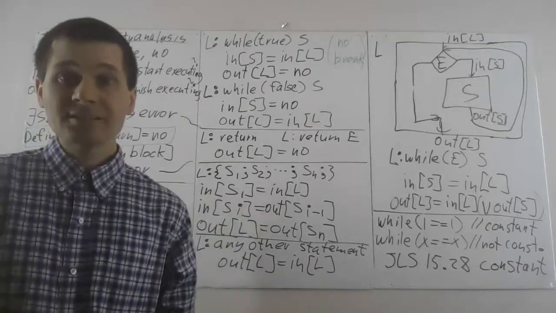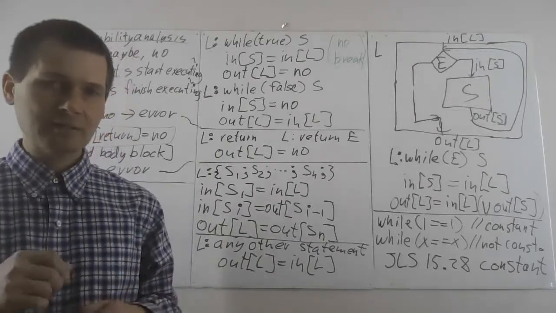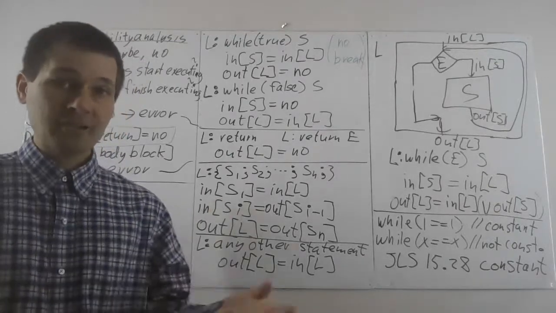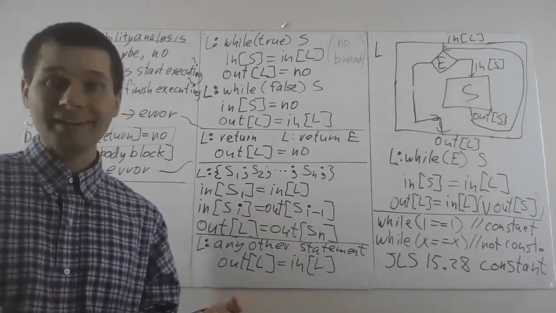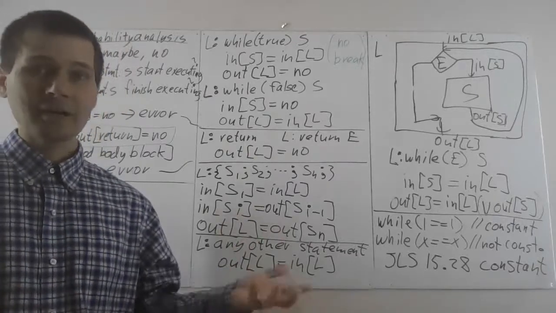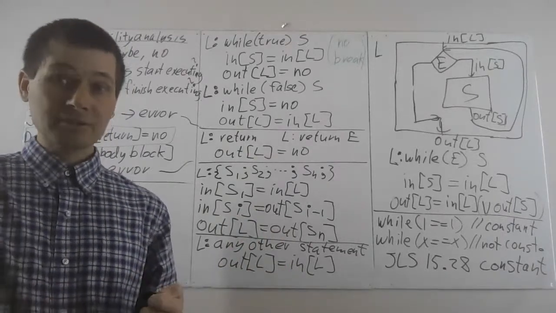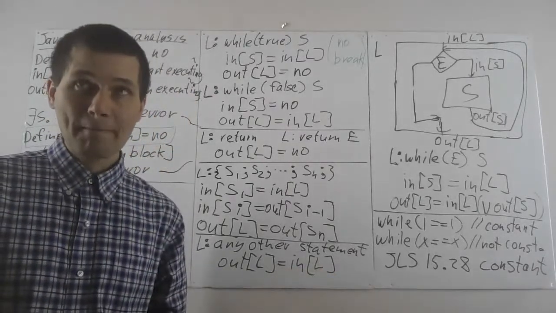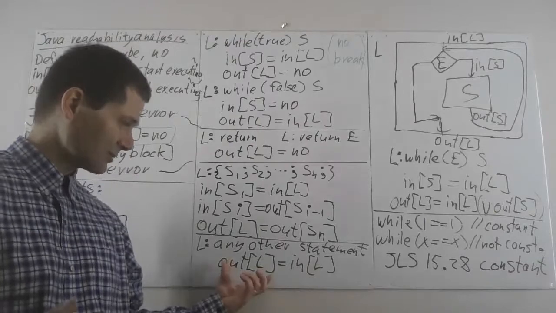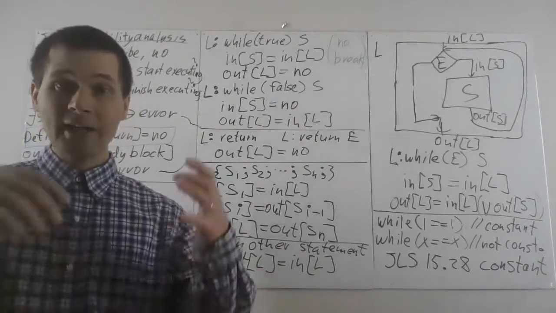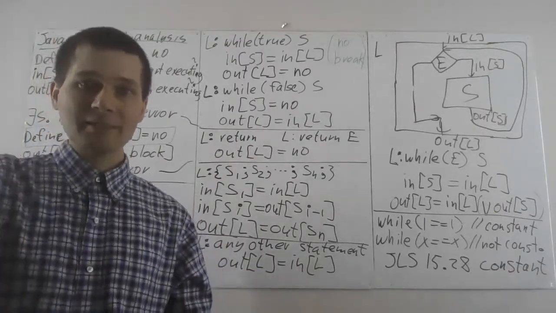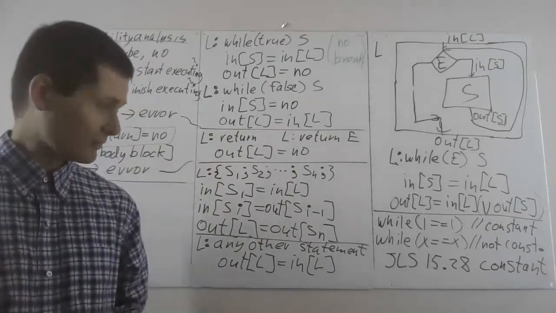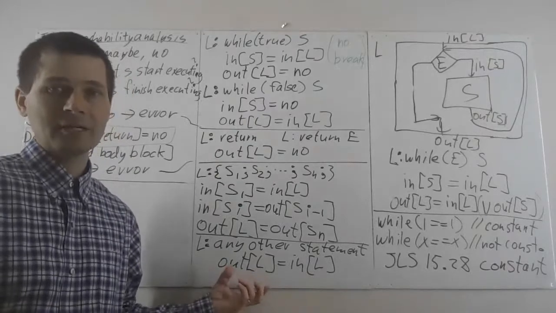And this is an example of imprecision in the analysis, because the method that you call could contain an infinite loop inside it, so it might never return to you. So there's a case where in of L could be maybe, and then out of L is going to be maybe. You're saying this method might return to me, but in reality the method could have an infinite loop and never return.